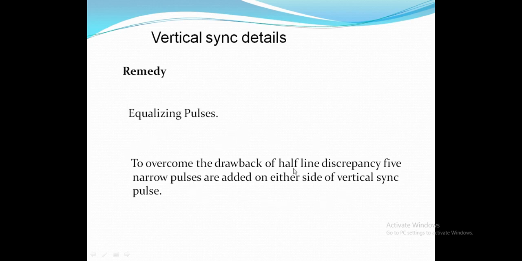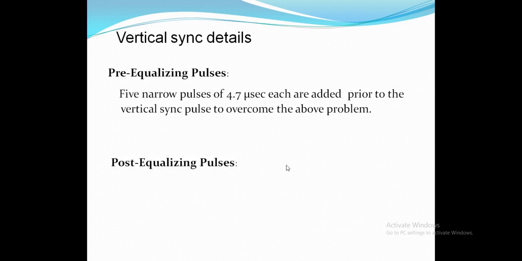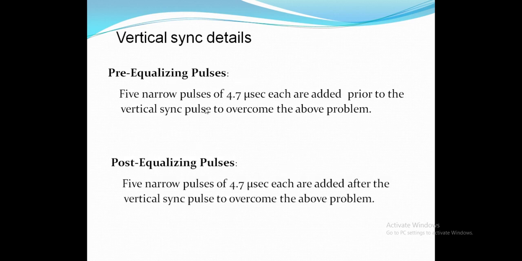So here the half line discrepancy will be eliminated by applying equalizing pulses. To overcome the drawback of the half line discrepancy, 5 narrow pulses are added on either side of the vertical synchronizing pulses. In that we have two types of pulses, pre-equalizing and post-equalizing pulses. In pre-equalizing pulses, 5 narrow pulses of 4.7 microseconds each will be added prior to the vertical synchronizing pulses.